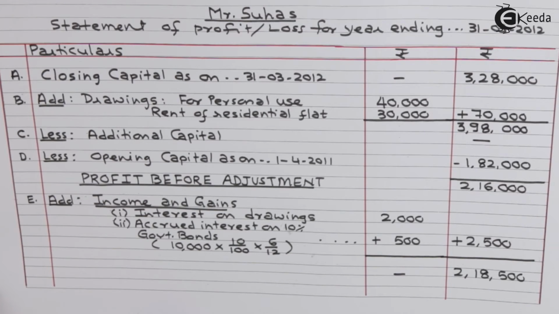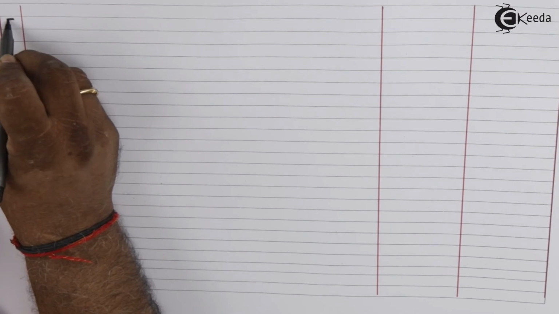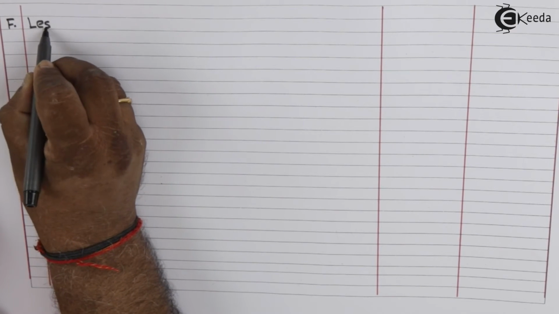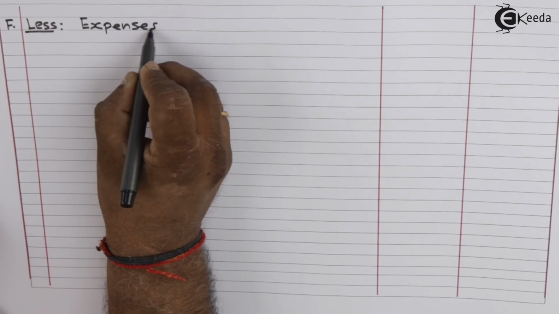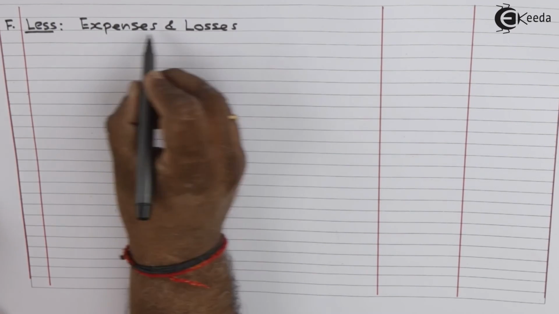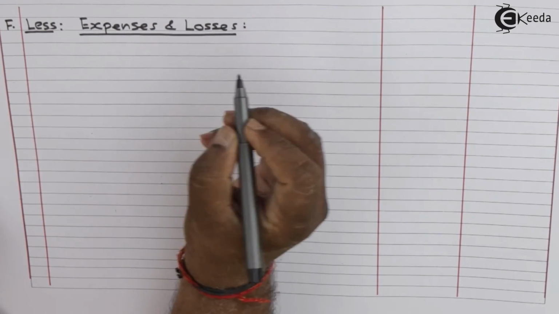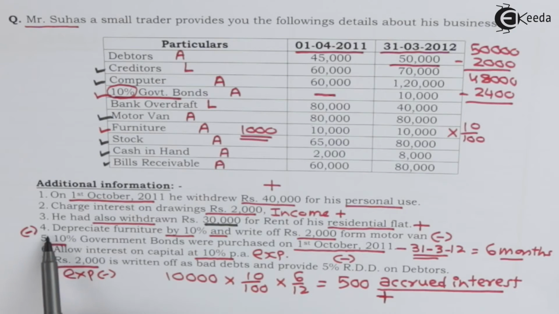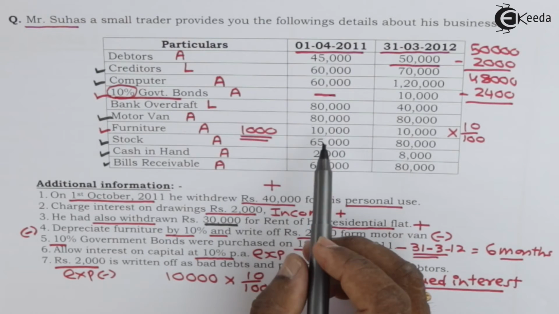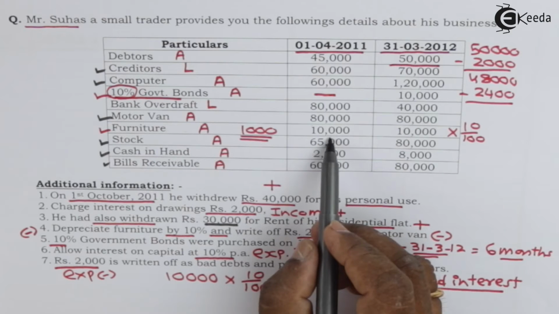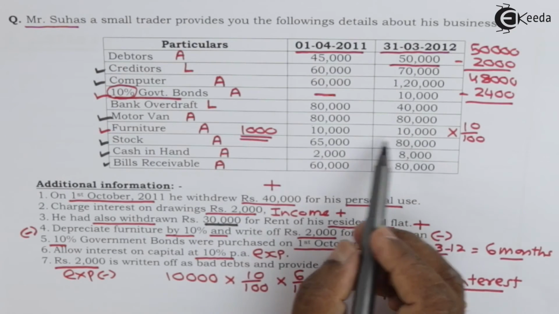Now the next step will be deduction of expenses and losses. Expense adjustment number 4, depreciate furniture by 10%. Furniture, here we have rupees 10,000. Opening as well as closing is 10,000.